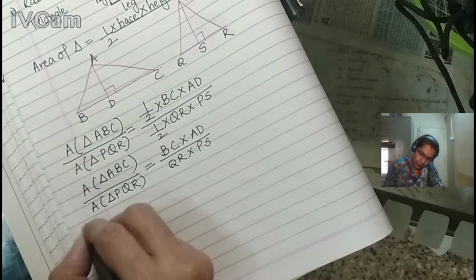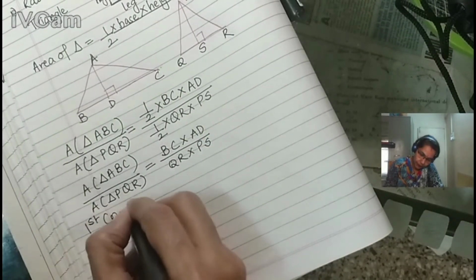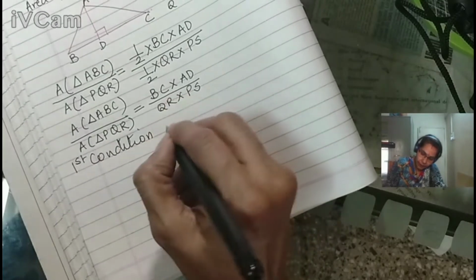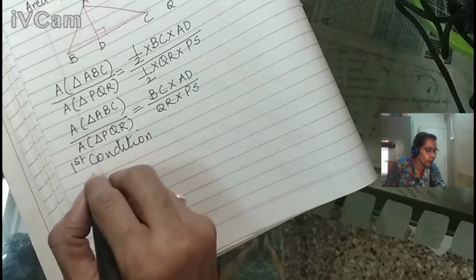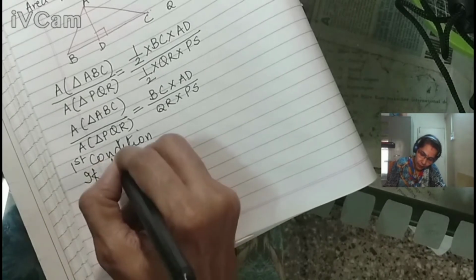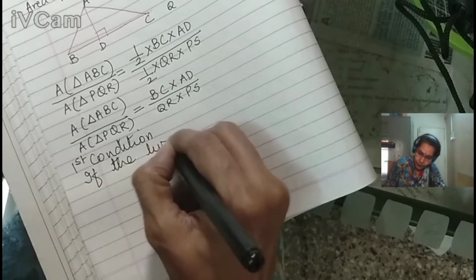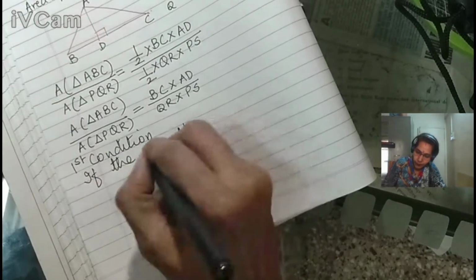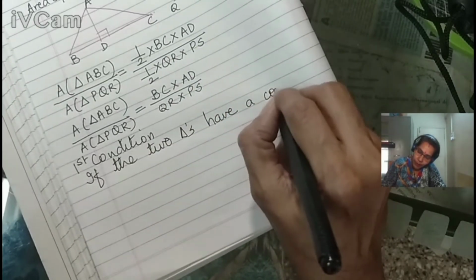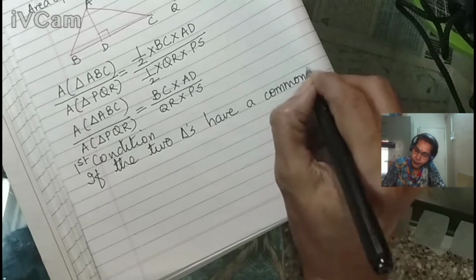Now the first condition: if the two triangles have a common height.